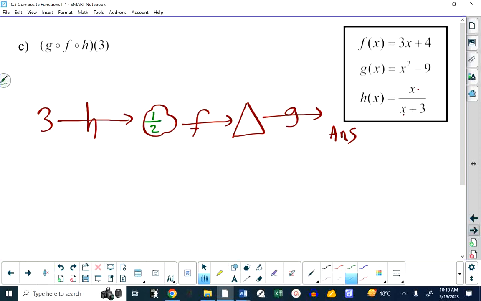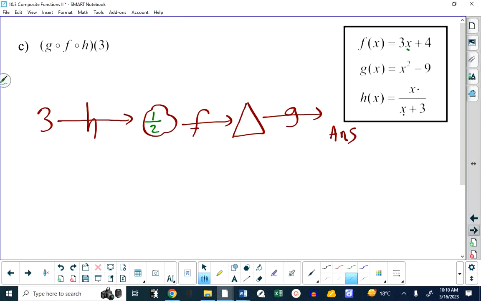and you're going to confirm, or tell me I'm wrong, that when you put 3 in for x in h, you get 1/2. Okay? Now you're going to put 1/2 in here. So you're going to take 3 times 1/2, and you're going to add 4, and I believe you're going to get 11 over 2. Well, I could be mistaken.